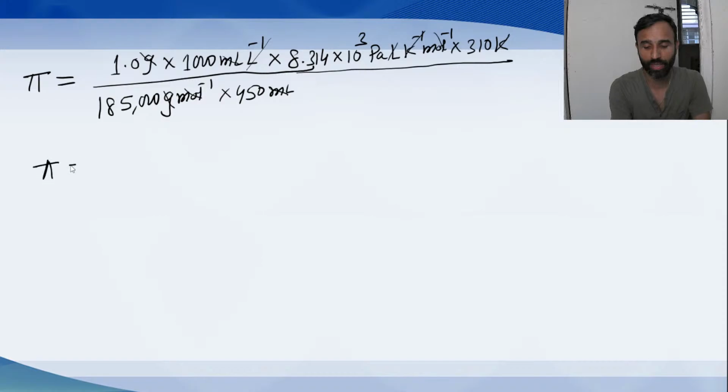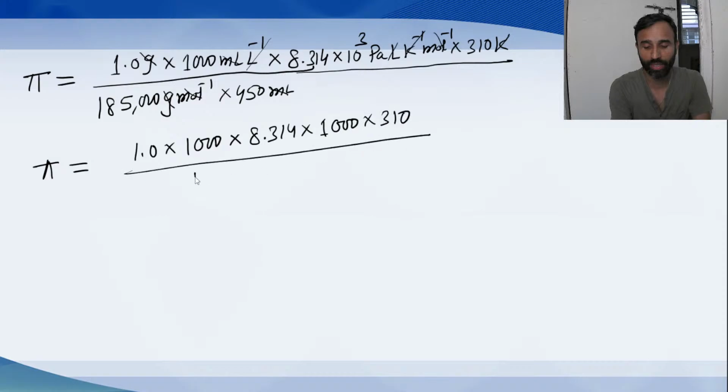That is pi equal to 1.0 into 1000 into 8.314 into again 1000 into 310 divided by 185,000 into 450 Pascal.